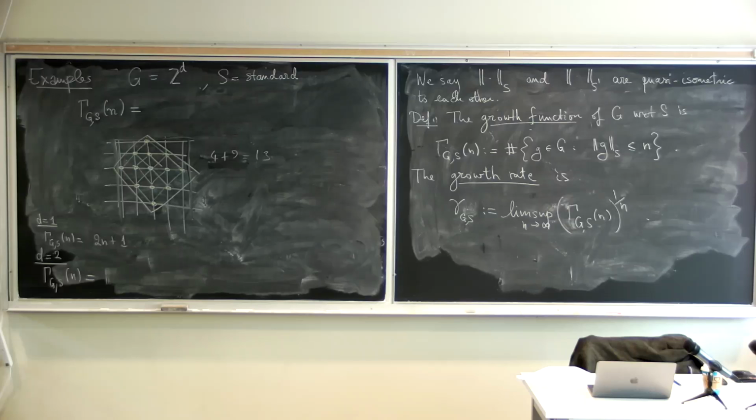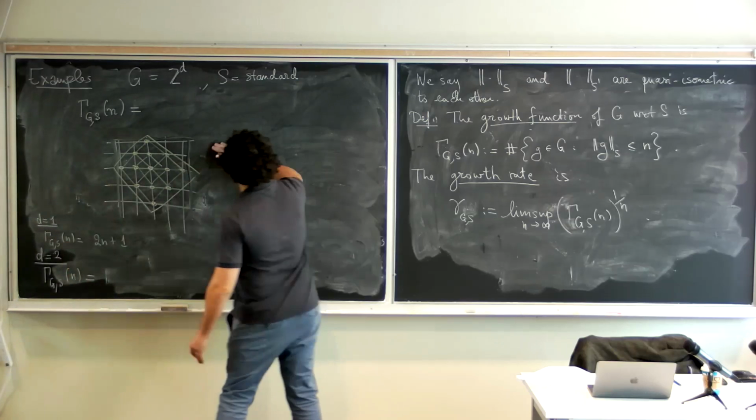what's the actual count? Okay. 2 squared plus 3 squared plus 5.